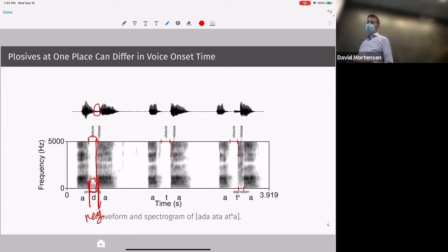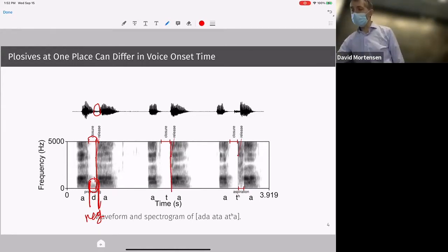If I say atta, then this closure is completely silent. And just right here at the release, voicing starts.